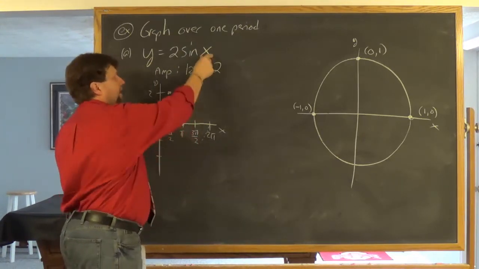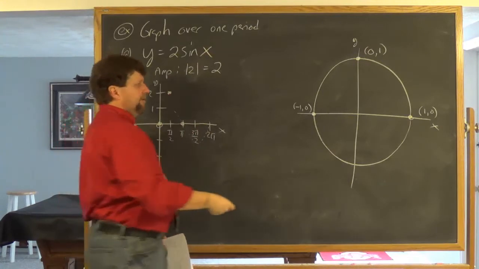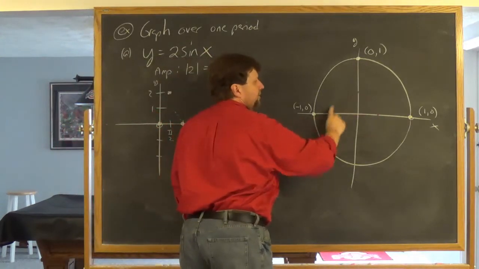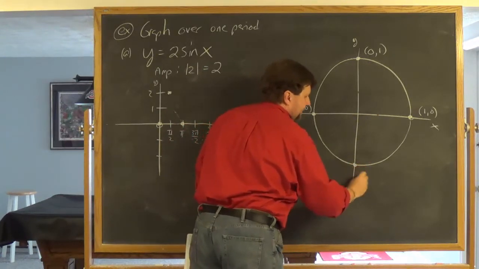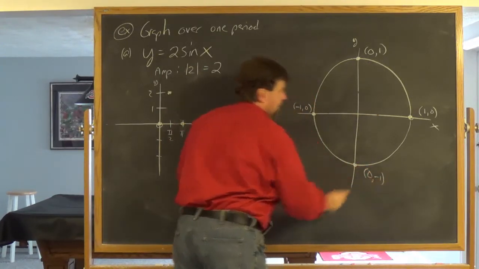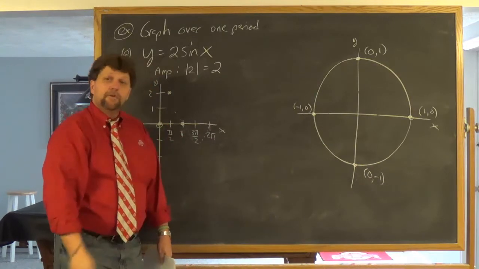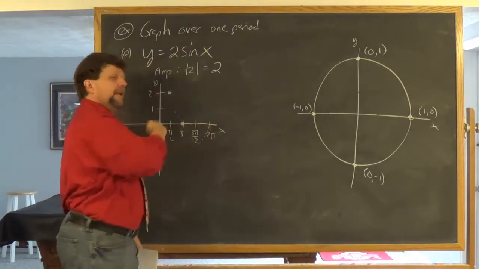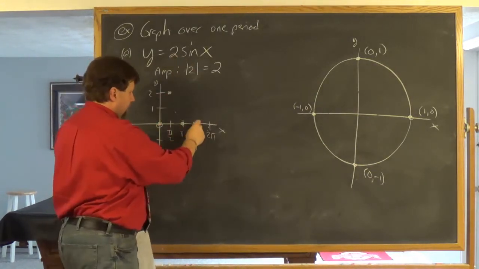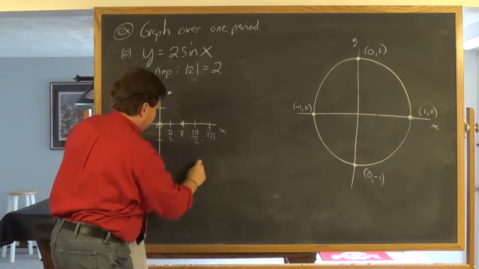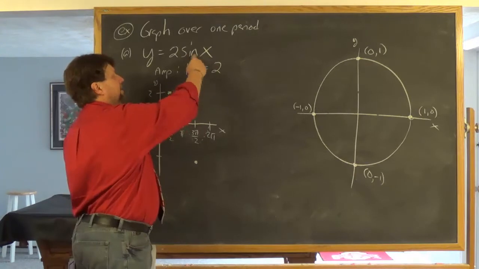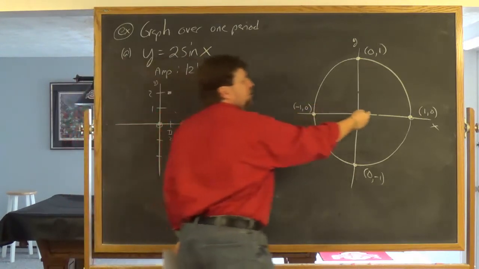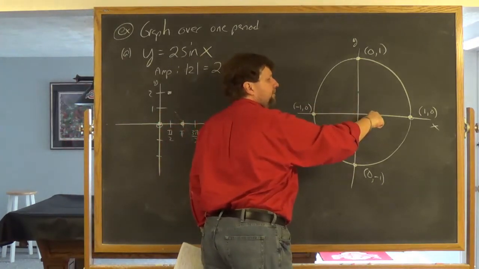Continuing, when you put 3 pi over 2 in here for x, the sine of 3 pi over 2, well, if you know 3 pi over 2 terminates here, it's knowing the coordinates of that point right there. The sine of 3 pi over 2 is negative 1. 2 times negative 1 is negative 2. So you could plot the point down here. And finally 2 pi. The sine of 2 pi, well 2 pi is 1 trip around the unit circle.